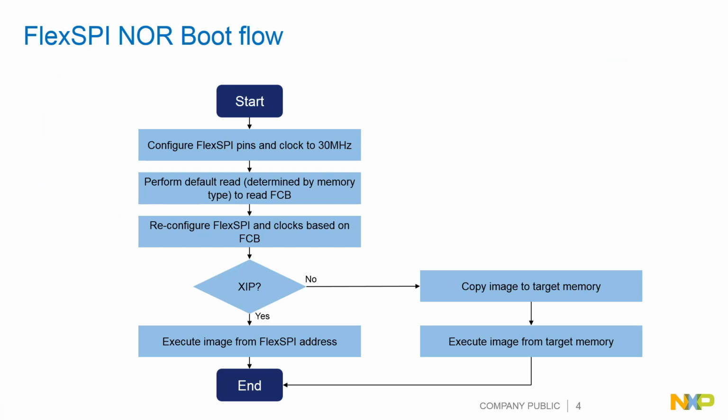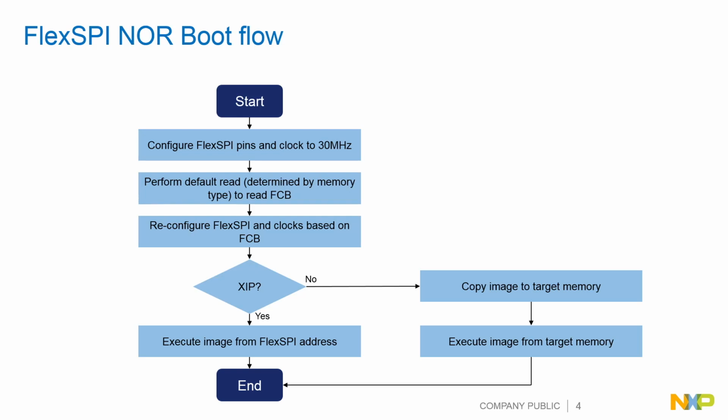This diagram shows the flow the ROM will follow for a FlexSPI NOR boot. To start, the ROM's going to configure the FlexSPI pins and the clock for a 30 MHz operation. Then it performs a default read from the flash in order to read the FCB information. The default read that's used to get the FCB into the ROM is determined based on your boot configurations.